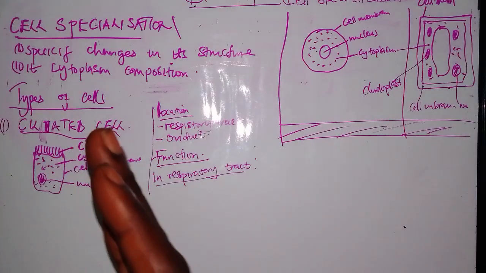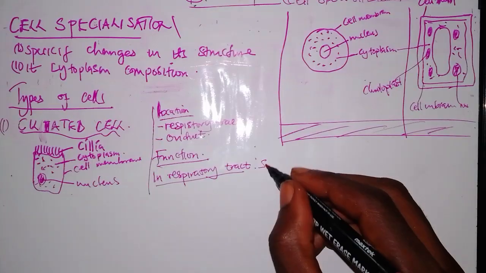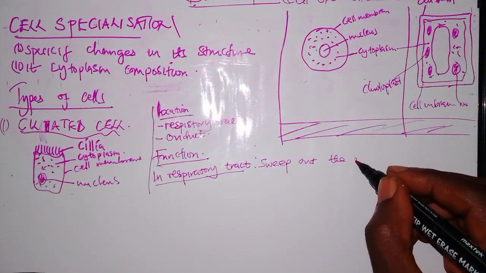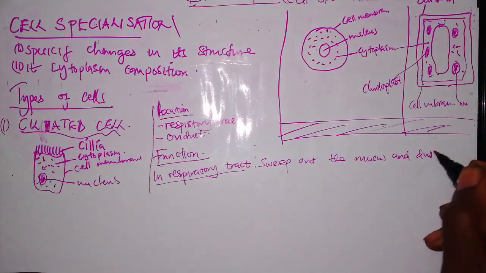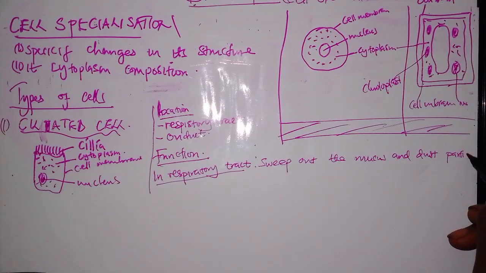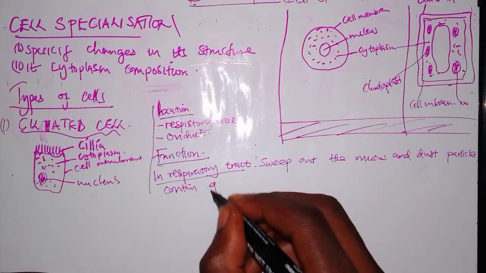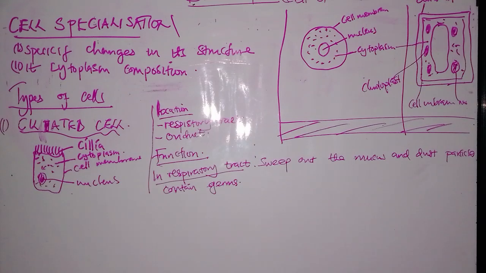The ciliated cells are there to sweep out the mucus and dust particles containing germs. That is the first function which you need to understand whenever you are looking at a ciliated cell.